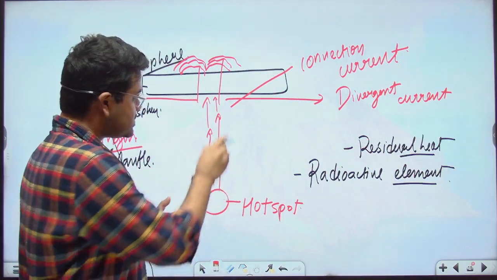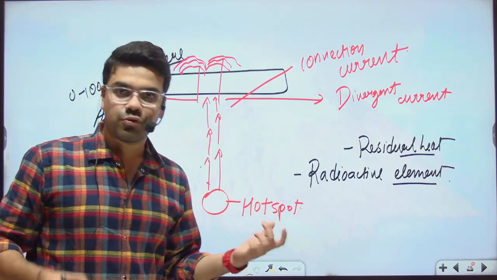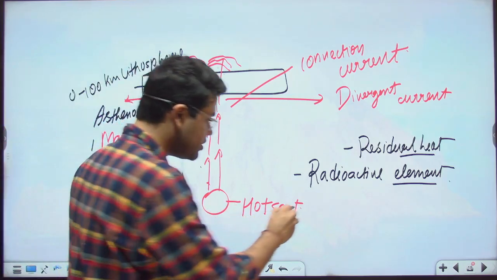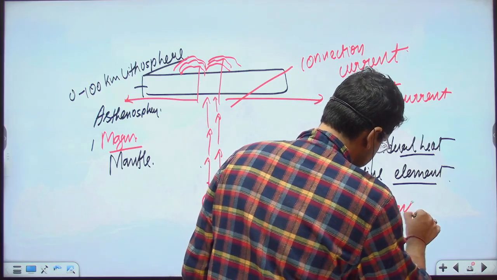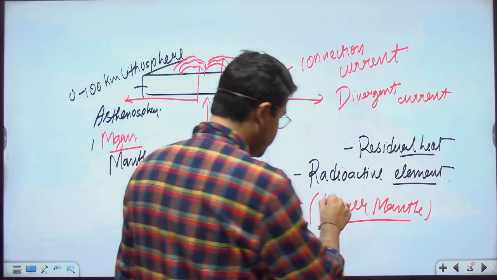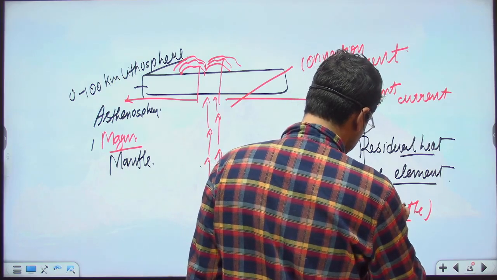Now since they are moving in the horizontal direction, they are getting detached from their source of energy, that is the hotspot. The hotspot is at the lower part of the mantle, the boundary of the lower and upper mantle, I would say.